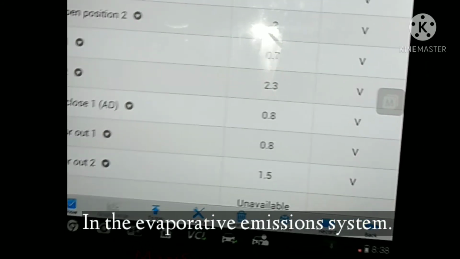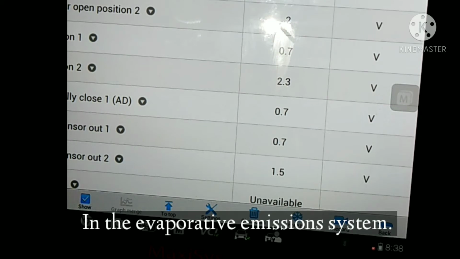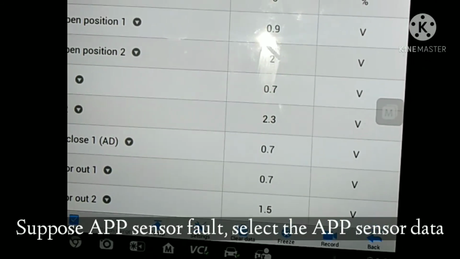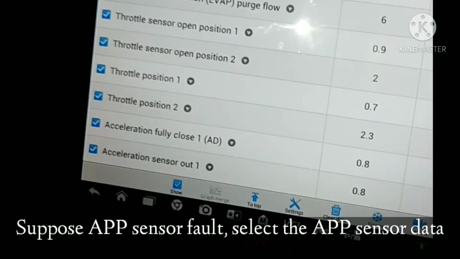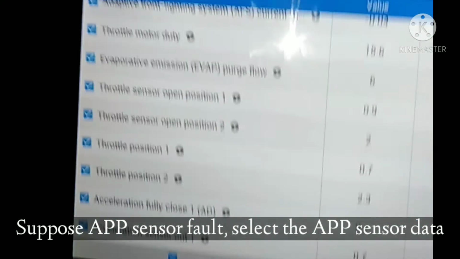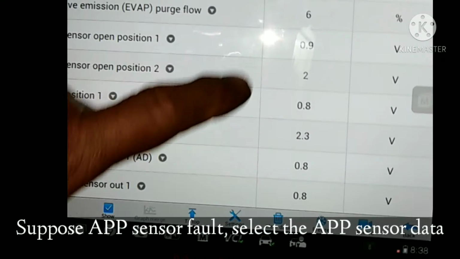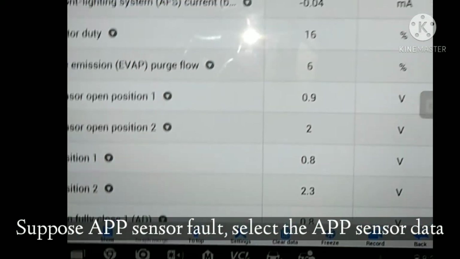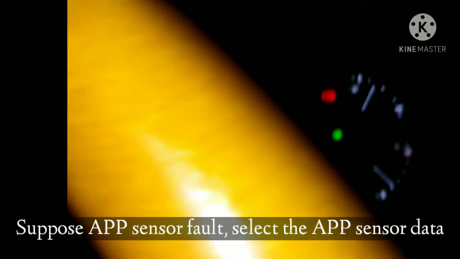If the voltage doesn't go up during acceleration, there is a problem on the APP. If there is voltage, do not replace the APP first. You have to prove the circuit of the APP that goes to the ECM. Suppose the continuity is okay, then there is a problem on the APP itself.